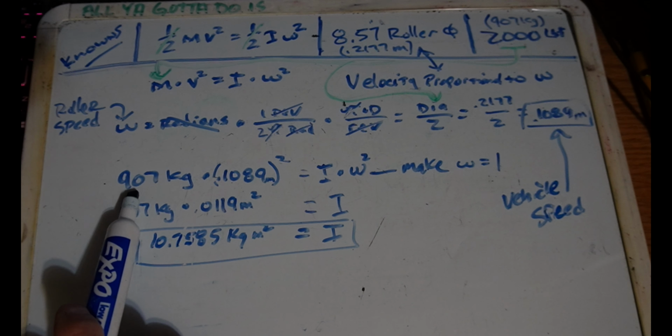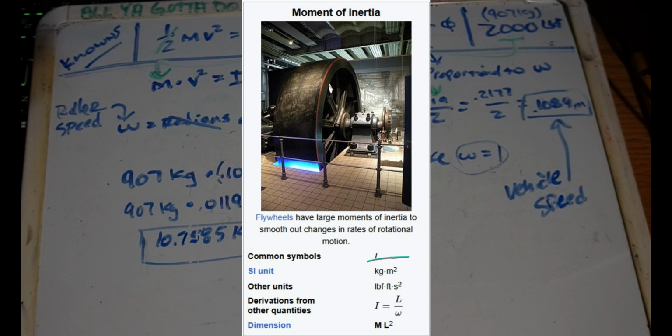When you're doing stuff like this, the biggest thing to understand is if you do it correctly, your units will come out correctly. Here we have kilograms, and here we have meters squared, so our inertia comes out to kilograms meter squared, which is a unit of inertia.